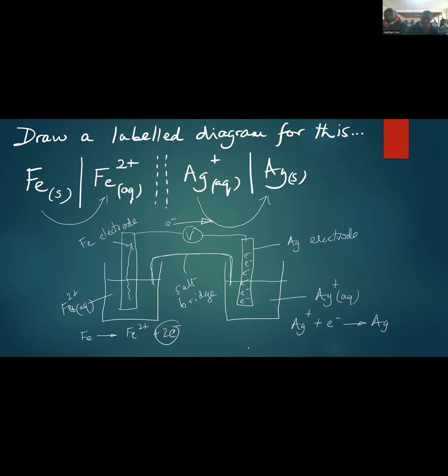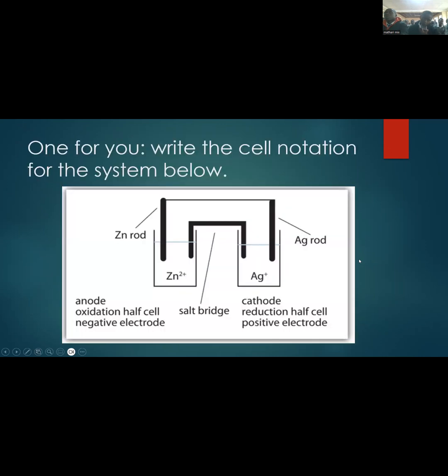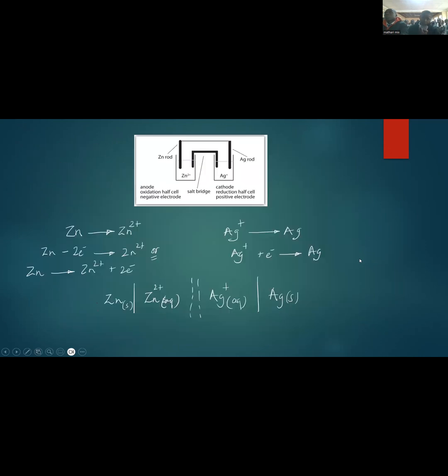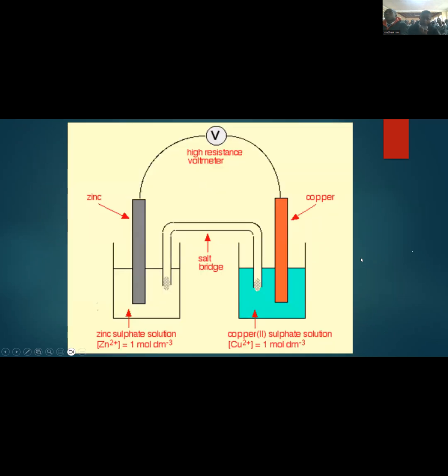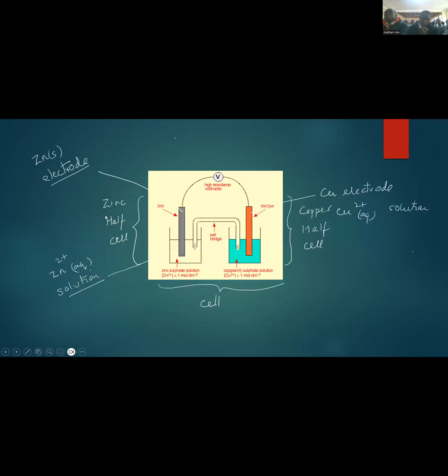Now that means something important happens. And that means that this electrode here gets heavier because more silver is added to it. Now, if we go back to other ones here, the same thing is happening. If I look at this one back here, the zinc turns into Zn2+ and the Cu2+ turns into copper.